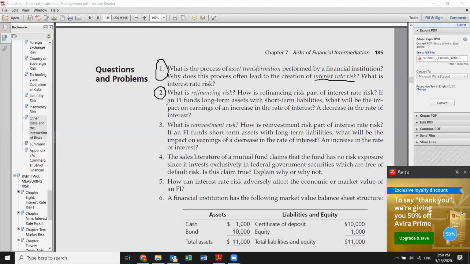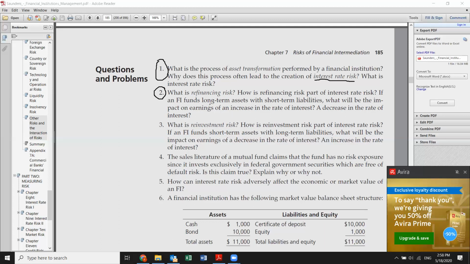Question 2. What is refinancing risk, and how is refinancing risk part of interest rate risk? If an FI funds long-term assets with short-term liabilities, what will be the impact on earnings of an increase in the interest rate, and what will be the impact of a decrease in the interest rate? So let's discuss what refinancing risk itself is.